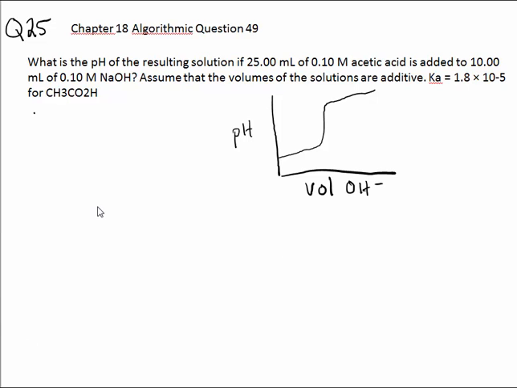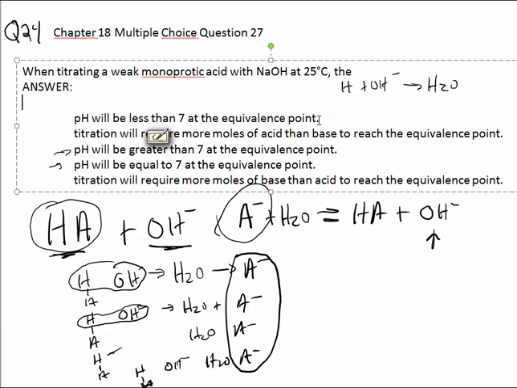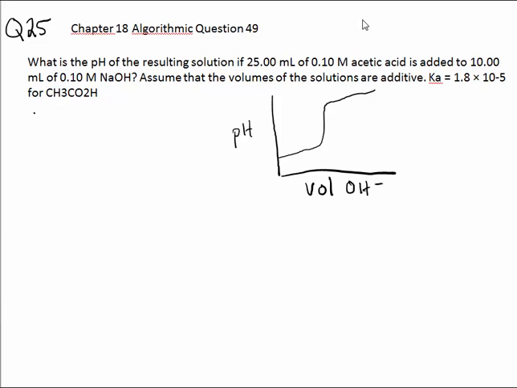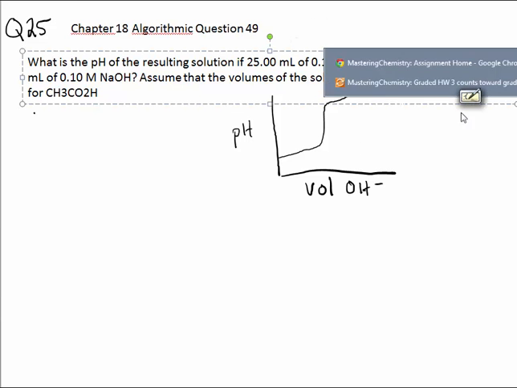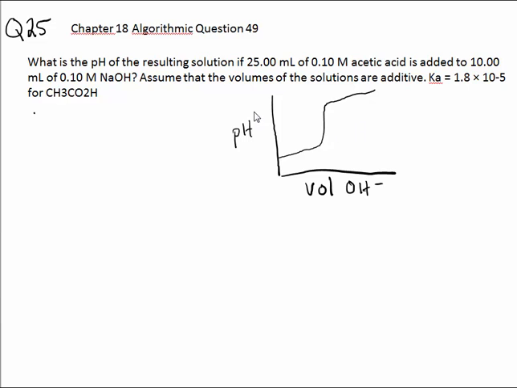Okay, so here is what the pH curve will look like for a weak acid. HA, the weak acid, plus OH minus, what's that going to make?